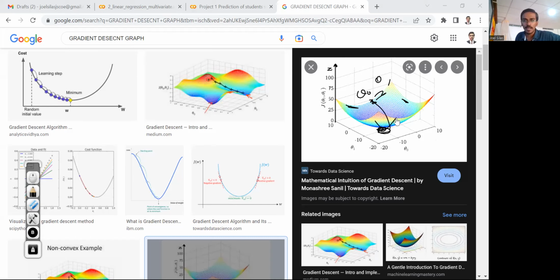How can you alter the values of theta 0 and theta 1 so that you reach the global minimum point? That is done by the gradient descent algorithm. So gradient descent helps to choose theta 0 and theta 1 in such a way that your cost function is reduced, your error is reduced, meaning the accuracy of linear regression, the accuracy of prediction, has improved.